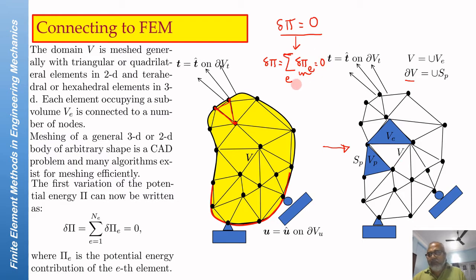So this is what we are going to do. We are going to partition the variation in the energy into small chunks that are going to be evaluated within each element.